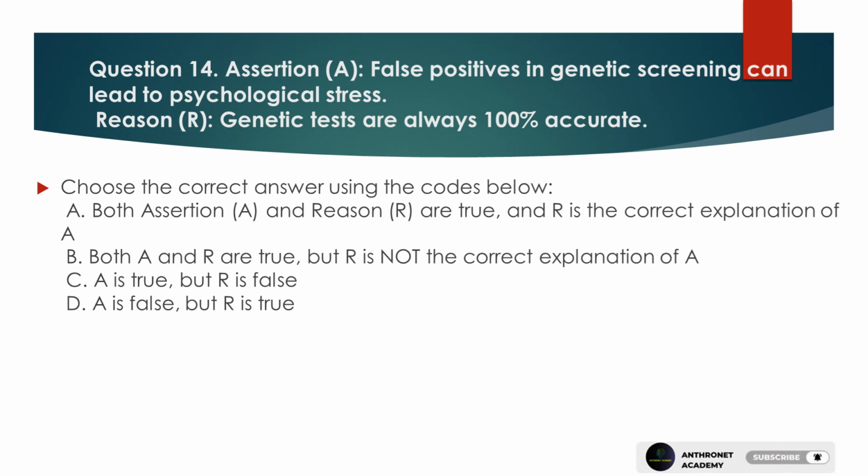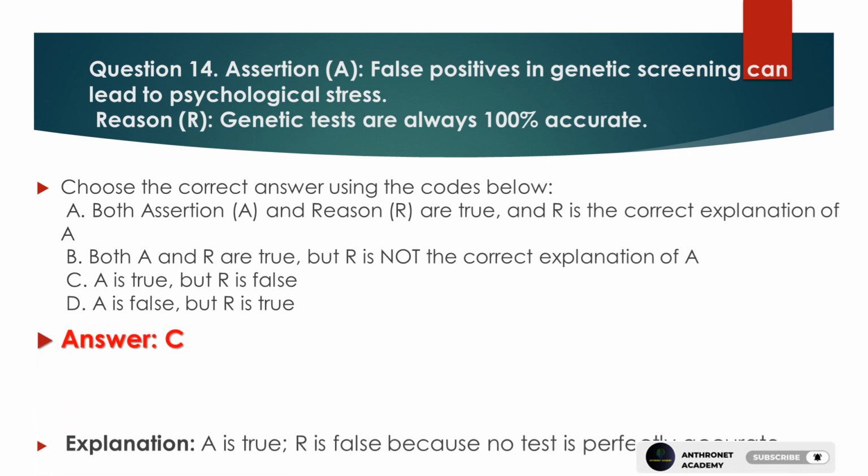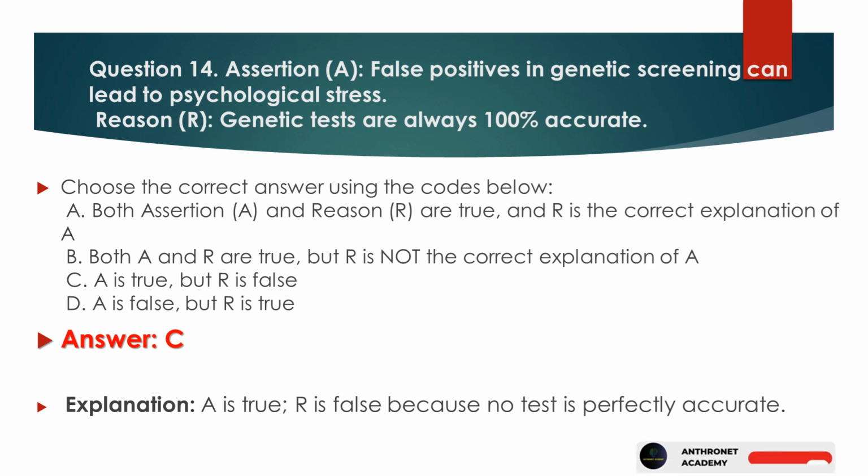A. Both assertion, A, and reason, R, are true, and R is the correct explanation of A. B. Both A and R are true, but R is not the correct explanation of A. C. A is true, but R is false. D. A is false, but R is true. Answer, C. Explanation: A is true, R is false because no test is perfectly accurate.